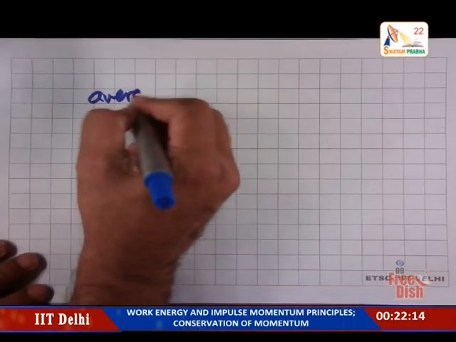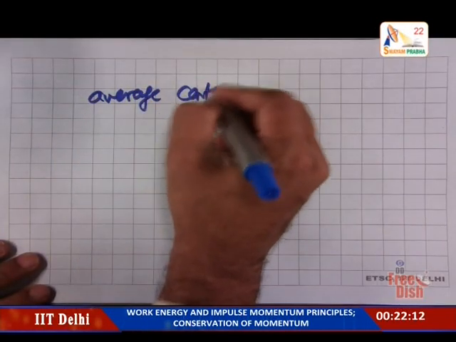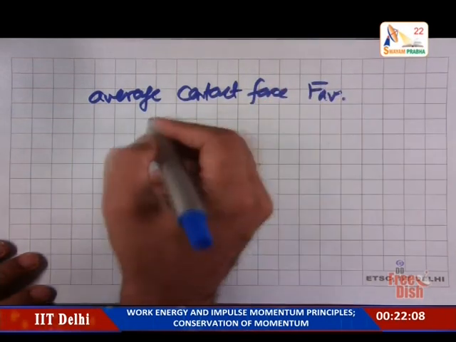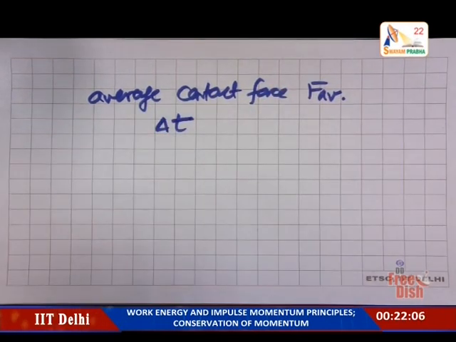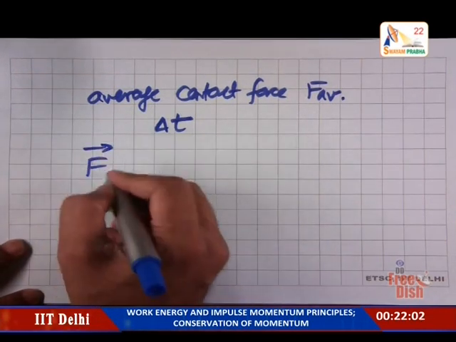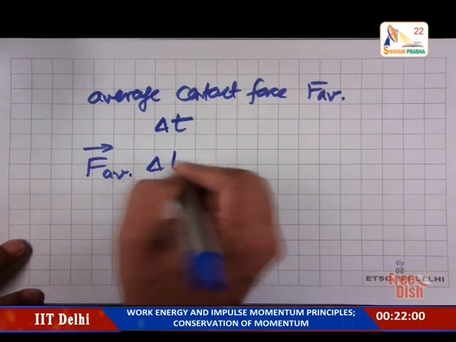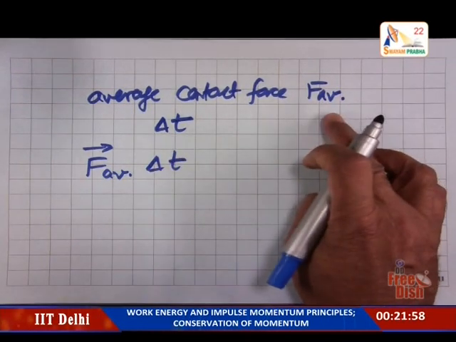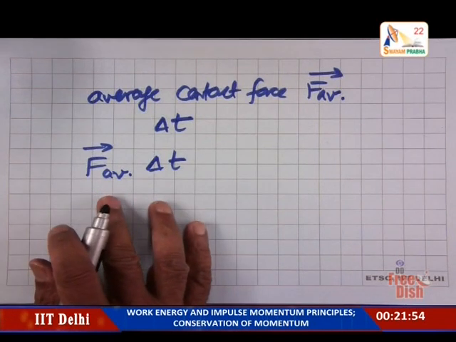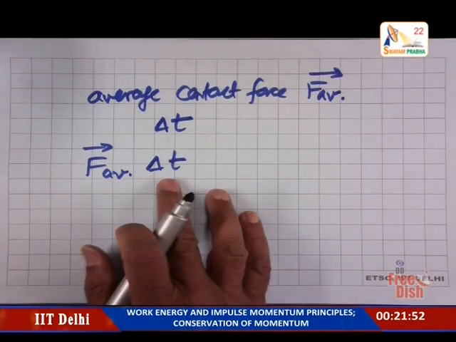Now, sometimes in the problem you are asked to find the average contact force, F average, and if the time of contact is given as delta t, then what we have is F average times delta t. Now, when we talk of F average, what we are saying is this average force is acting over the entire period delta t.